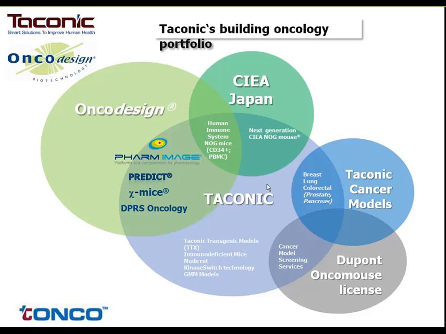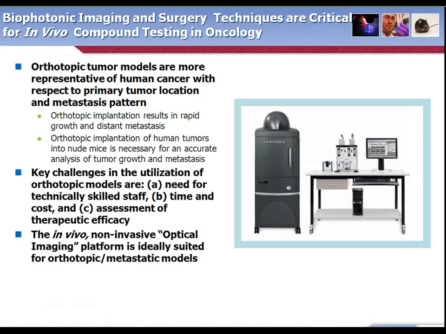We also are working with the National Cancer Institute in the Netherlands to have spontaneous tumor models, and we're creating orthotopic allograft models from those mice as well. So we have a lot of different ways that we can help people working in oncology. Today, my focus is going to be on orthotopic models, and I'll show you some of what we can do with that and the value of doing that.